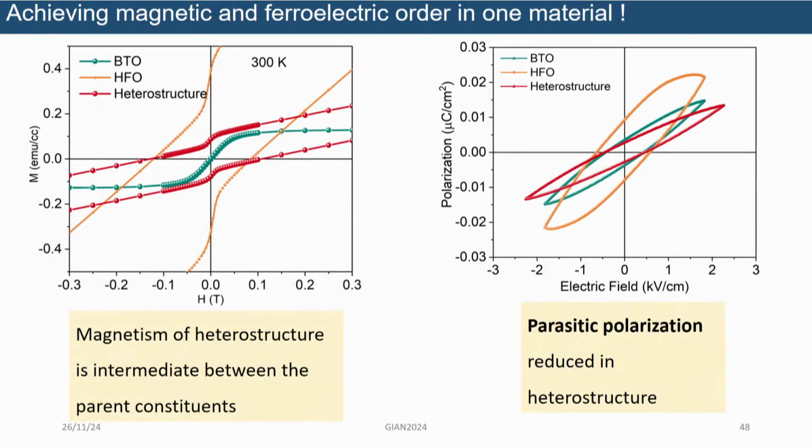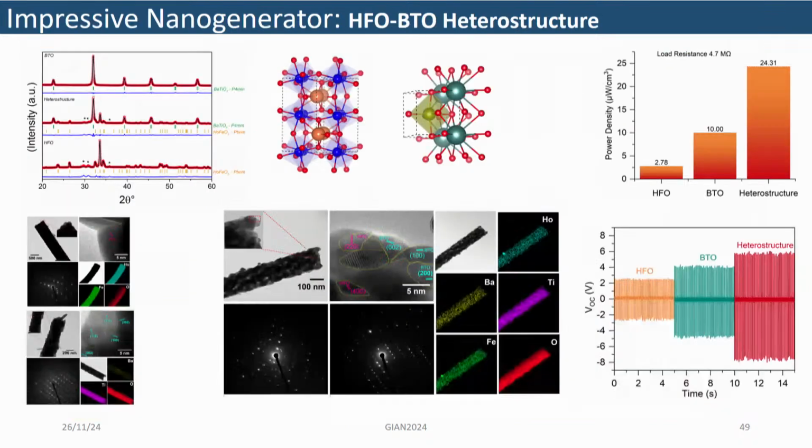Then we investigated the parent compounds HFO and BTO and compared. You see the magnetism of the heterostructure is intermediate between the parent constituents. HFO is a highly magnetic material while BTO is not, so in the heterostructure we got something intermediate, which was expected. Similarly, we could get the polarization, and we checked other parameters.